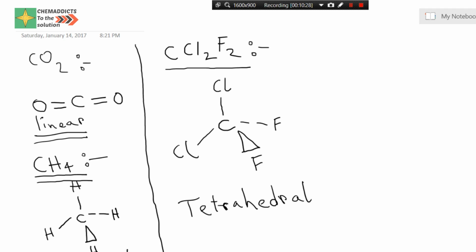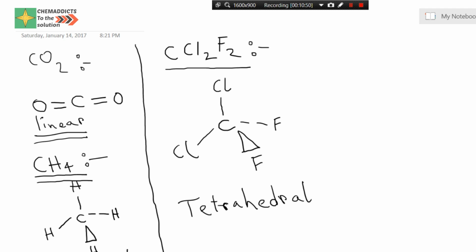The difference between CCl2F2 and methane is that in CCl2F2, carbon is attached to 2 different atoms: 2 chlorine and 2 fluorine, as you can see over here. And in the case of methane, carbon is attached to all hydrogen.